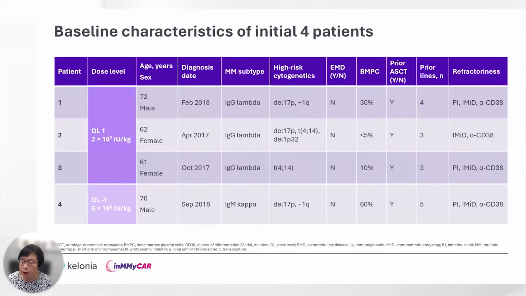All had received prior autologous transplant with prior PI, IMiDs, and anti-CD38 antibody. In addition, it's important to note that none had prior exposure to BCMA targeting agents, while 3 of the 4 patients were triple-class refractory. But we certainly hope after the initial phase that we will consider patients who have prior exposure to BCMA targeting agents.